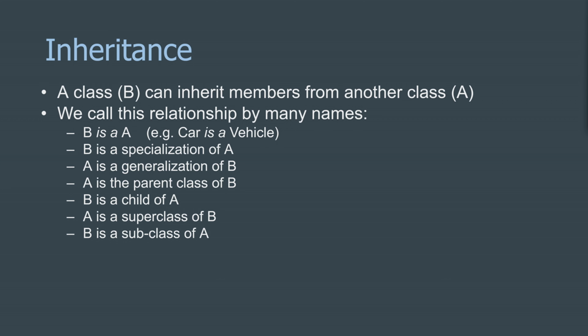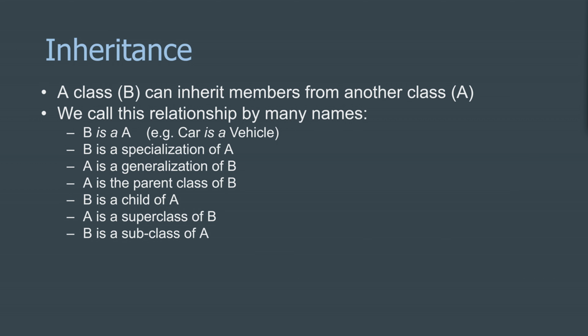If I have a class called vehicle and it defines things that vehicles have, vehicles typically have a power source, they have seats, they have energy levels like gas or battery power or whatever. And then cars are just more specific versions of that.